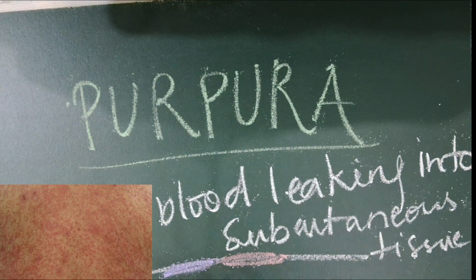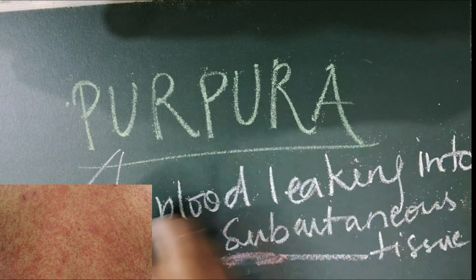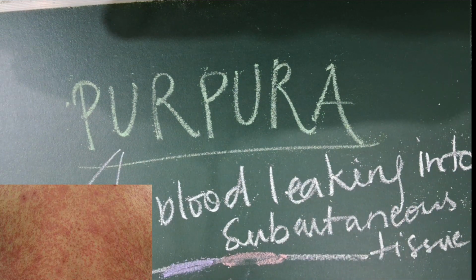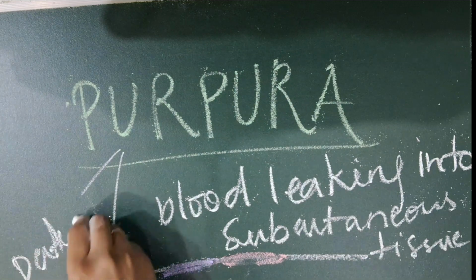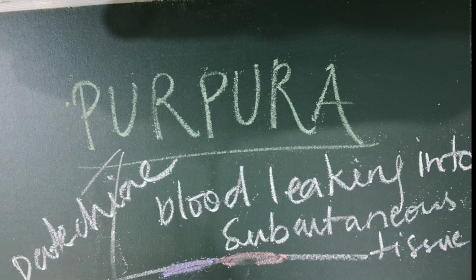So on the surface we will see purplish reddish lesions due to blood leaking into the subcutaneous tissue. Purpurae are further classified as petechiae and ecchymosis.